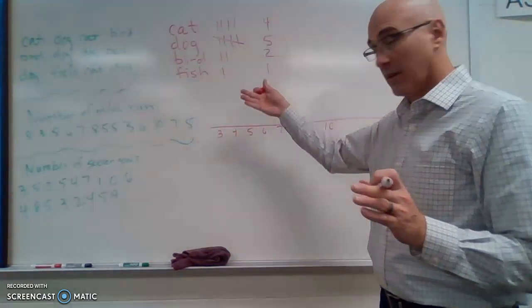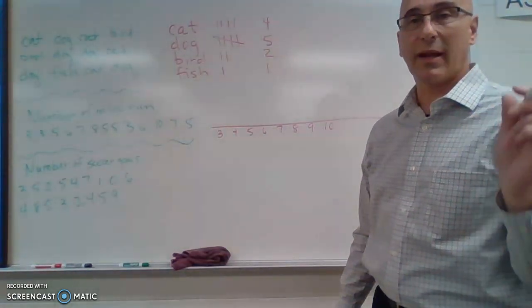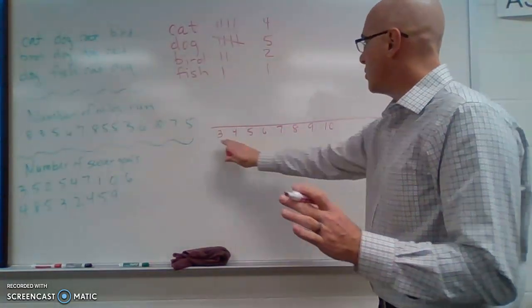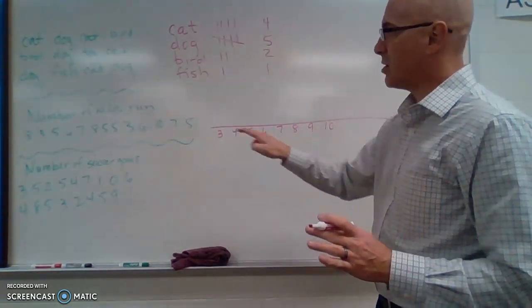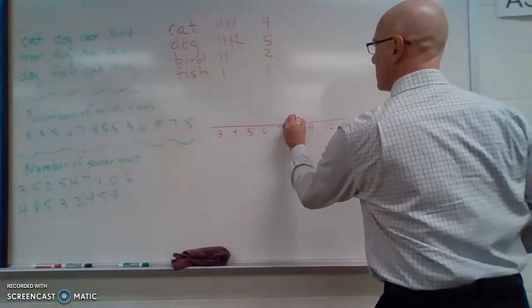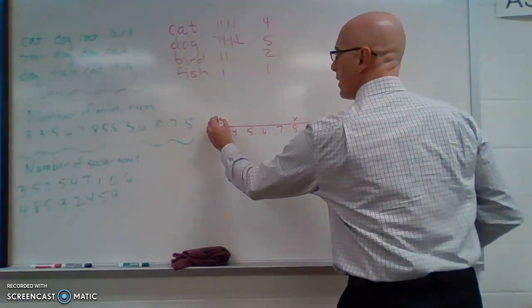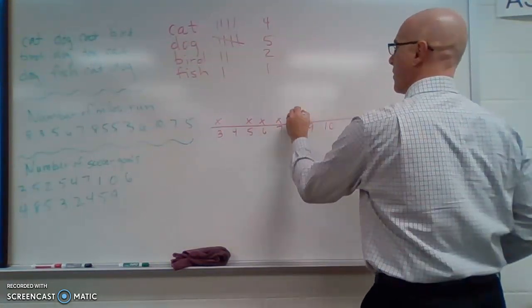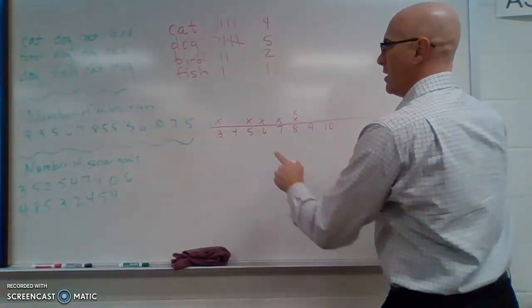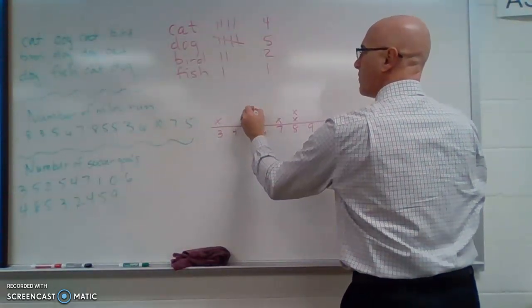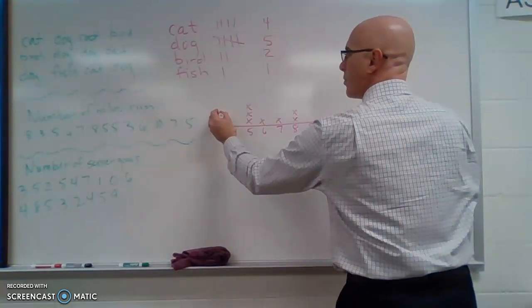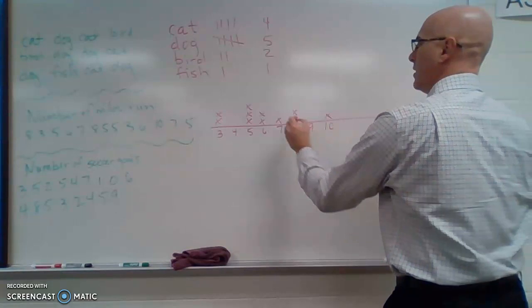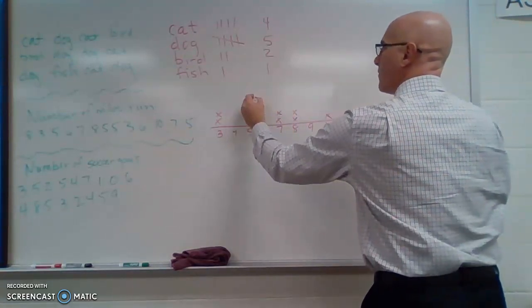Now, above the line, I'm going to use some sort of symbol like an X, just to keep track of how many of each said that they ran these number of miles. I'm going to start at the far left. I have an 8, I'll put an X there, 3, 5, 6, 7, then I have another 8, so I'm going to put it above, and then I've got a 5 and a 5, and another 3, another 6, a 10, a 7, and a 5.